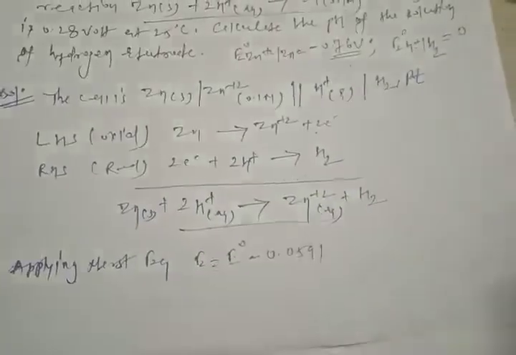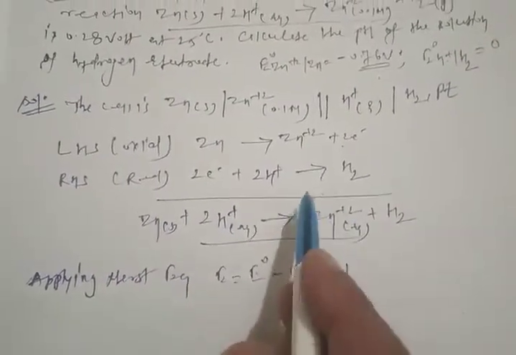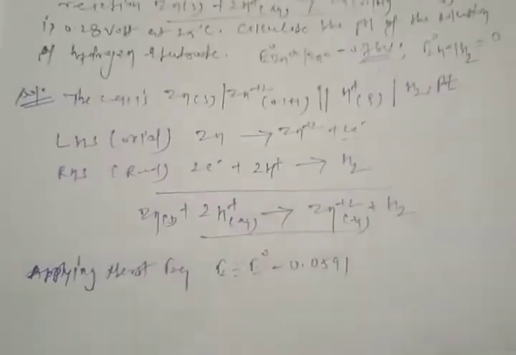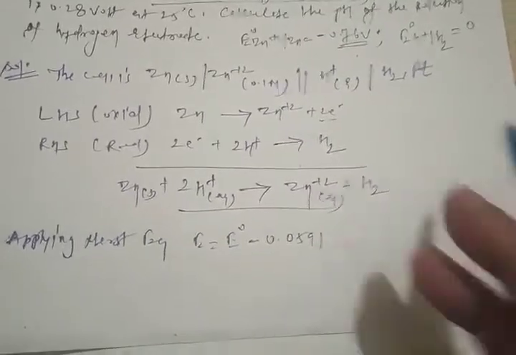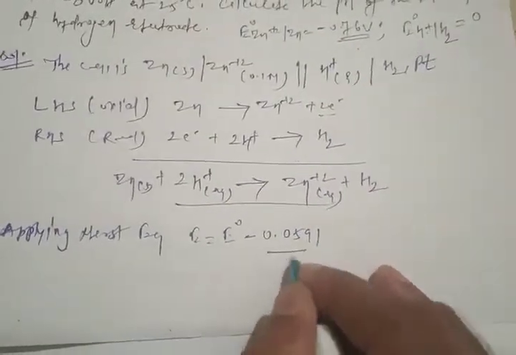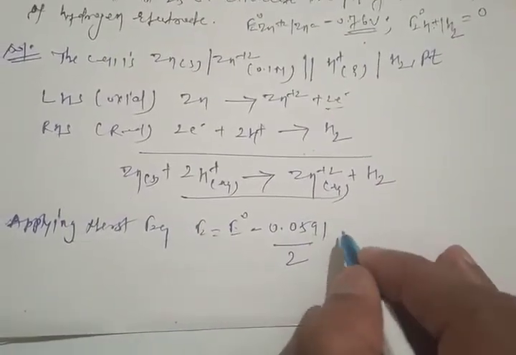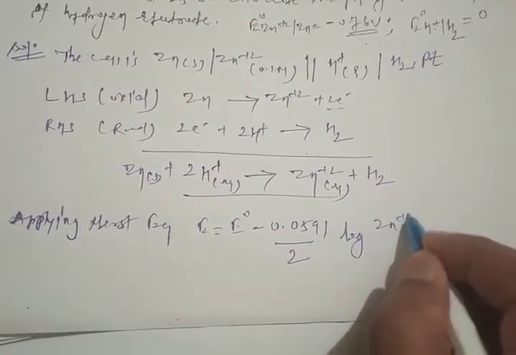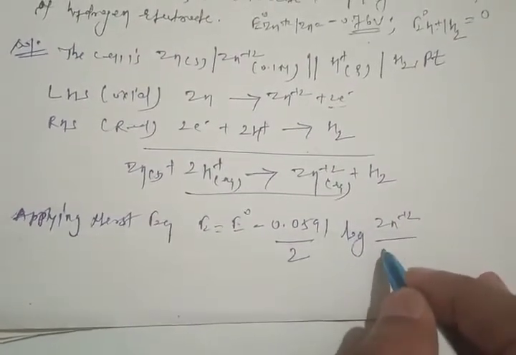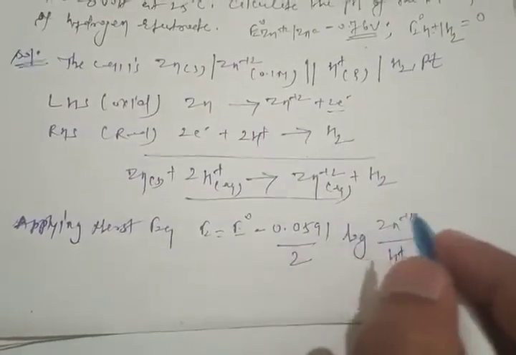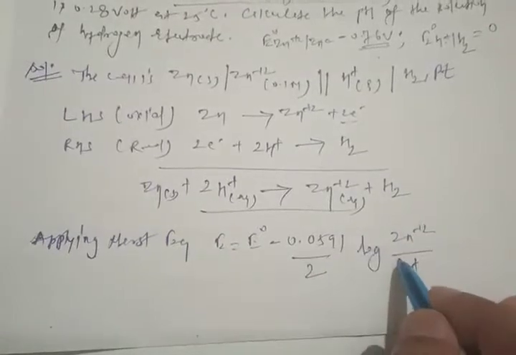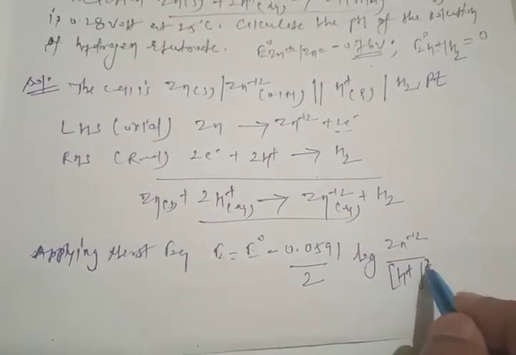So you need to take care that it depends on the electron. This is two electrons, so we have to balance it with two. Okay, so the value of n is 2, and then log Zn plus 2 and H plus, and this H plus has coefficient two, so this will become the power.